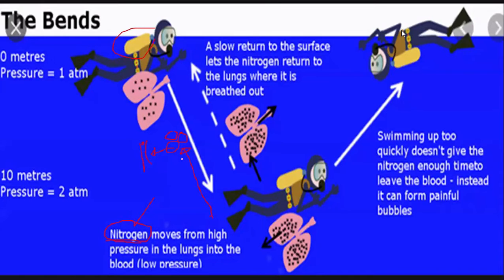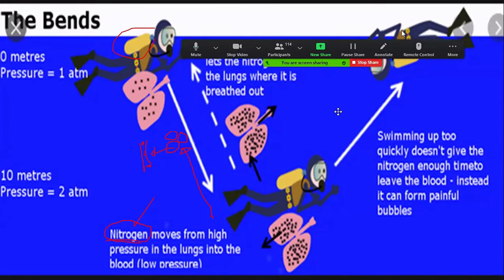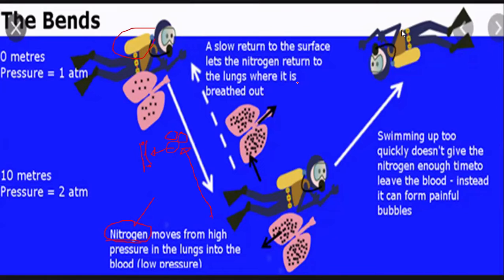Therefore, a slow return to the surface lets the nitrogen return to the lungs where it is burned out. So please go up slowly so that you give enough time for the bubbles to go there again and be burned out.